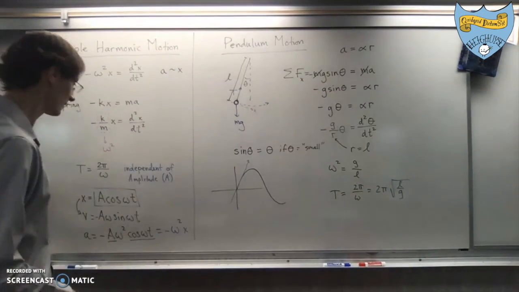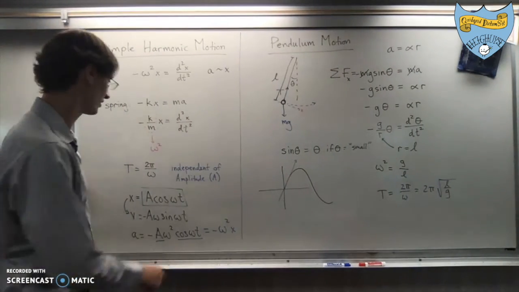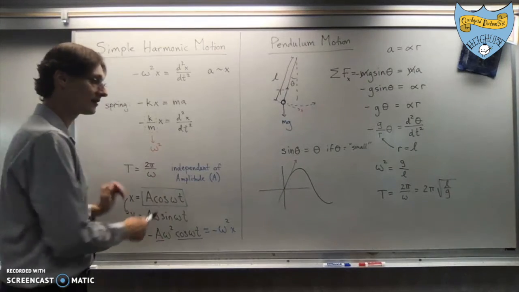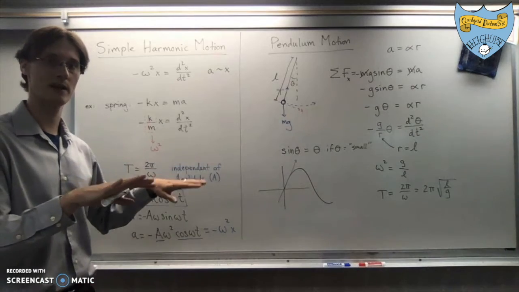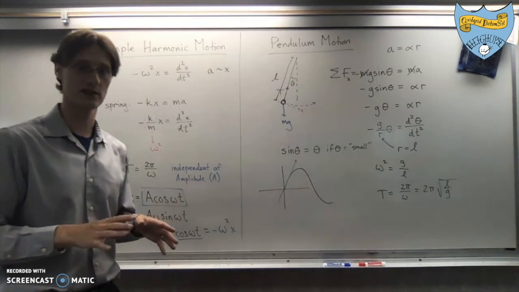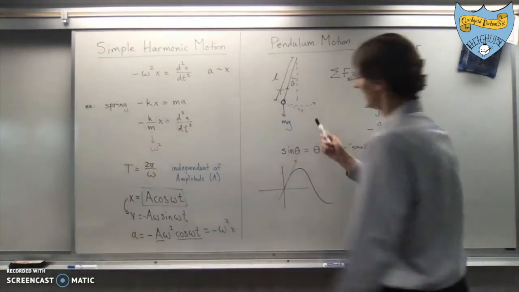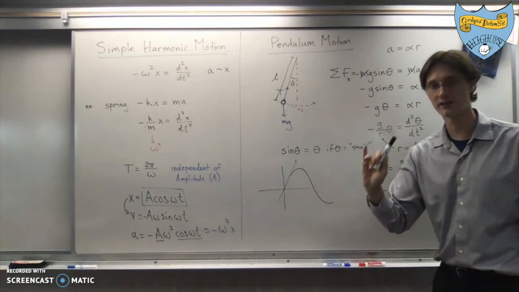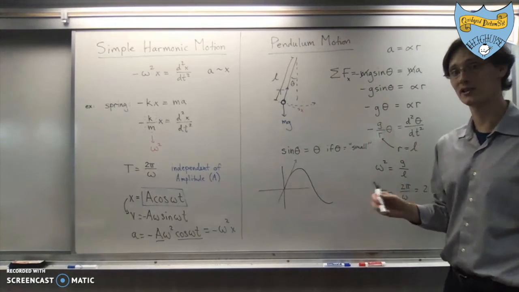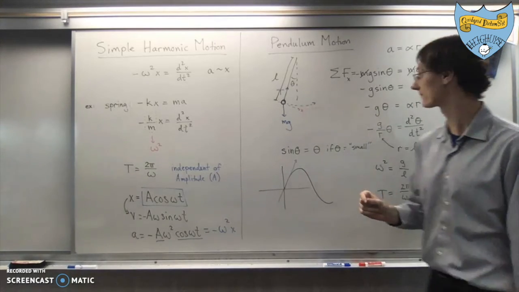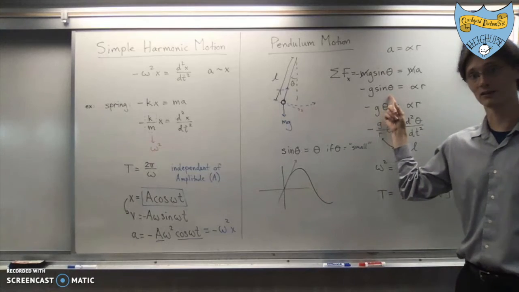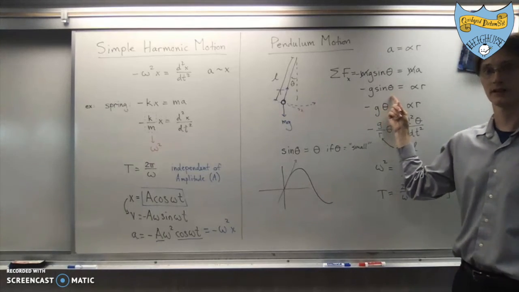Okay, the other thing to mention about simple pendulum motion is the independence from amplitude. Springs are perfectly independent from amplitude as long as it's a linear spring. The period of oscillation for a simple pendulum is independent of amplitude as long as the small angle approximation holds, right?